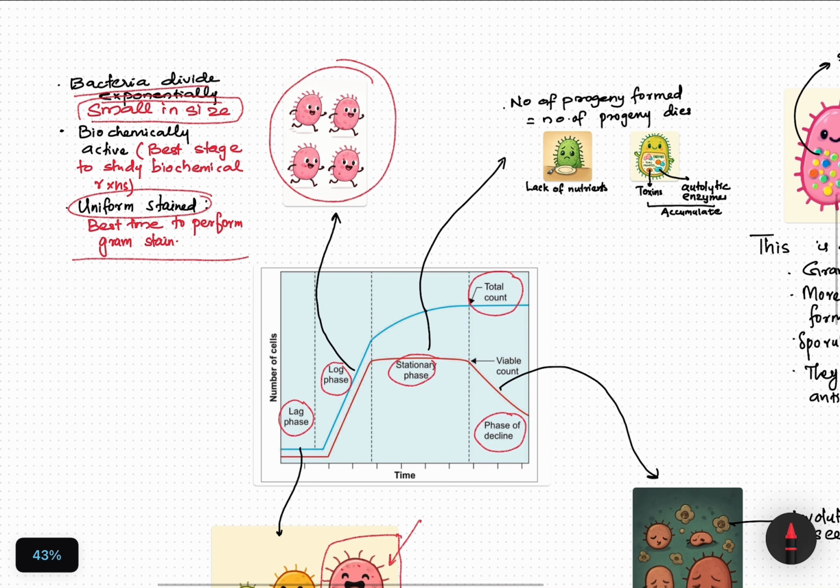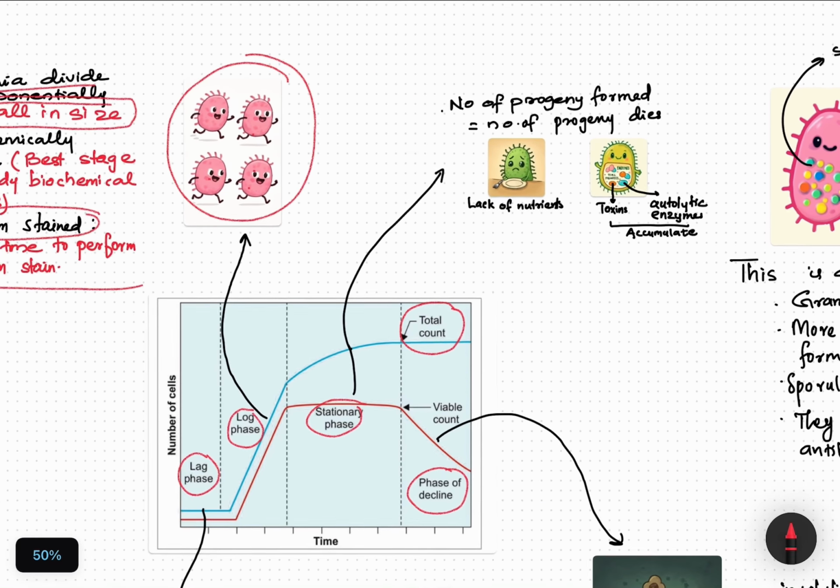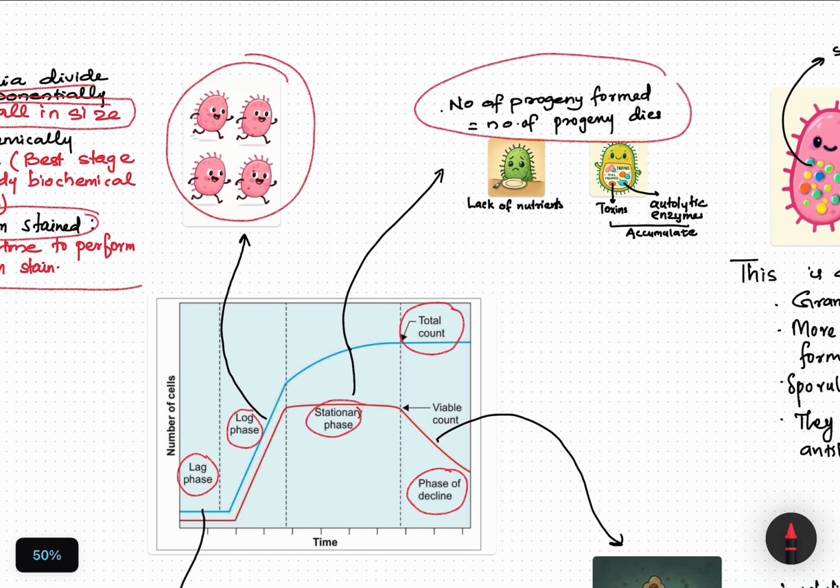Now we are moving on to the stationary phase. In the stationary phase, the number of progeny formed is equal to the number of progeny that die. This is because during the exponential phase they utilize all the nutrients while dividing exponentially, right? Then comes a point when the nutrients run short.